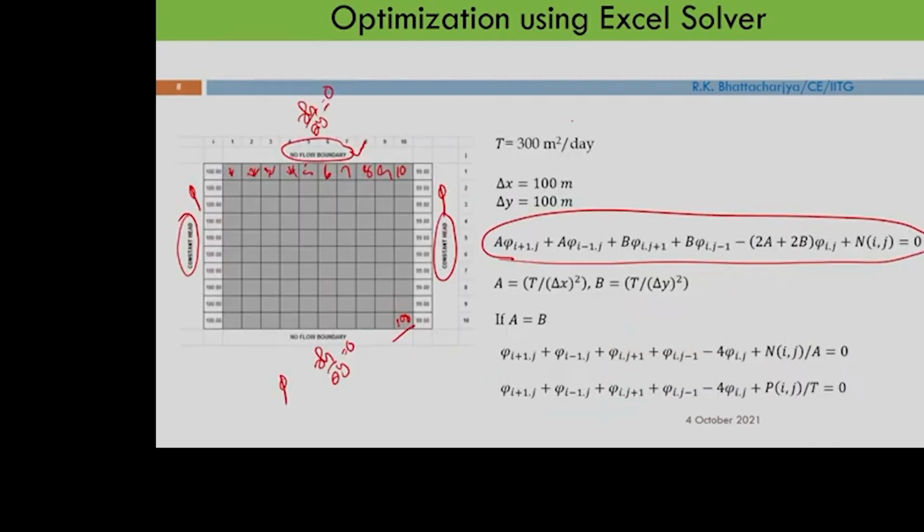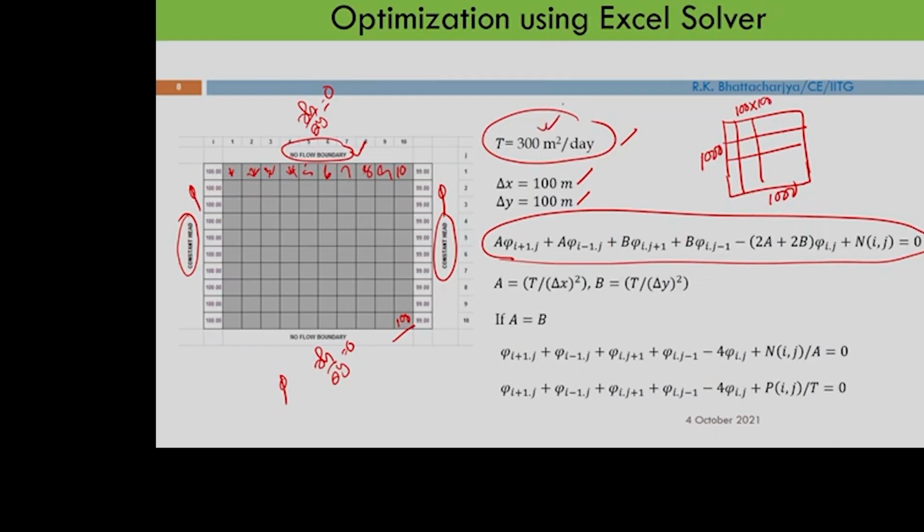Here the value given is T equal to 300 meter square per day. I have used del x equal to 100, del y equal to 100, and the aquifer size is 1000 by 1000. So this is 1000 meter and this is also 1000 meter, and I have divided it into grids, and one grid size is 100 by 100, with T equal to 300 meter square per day.